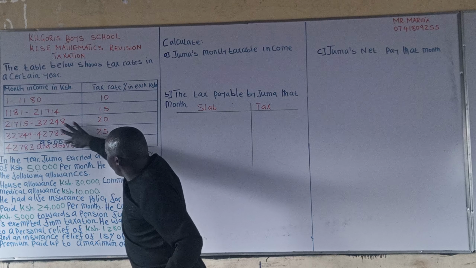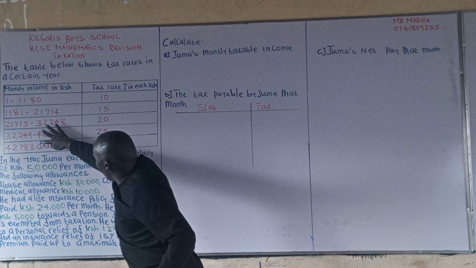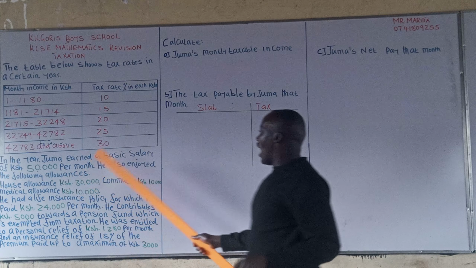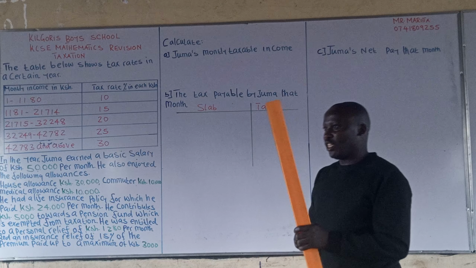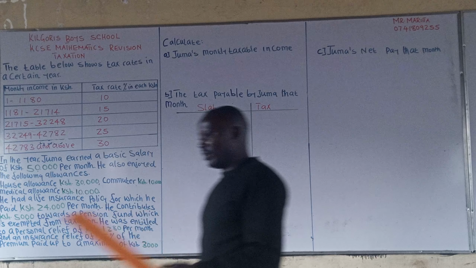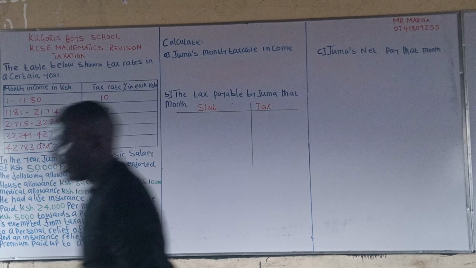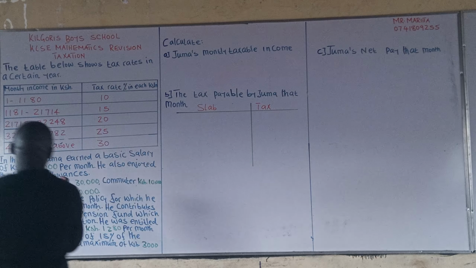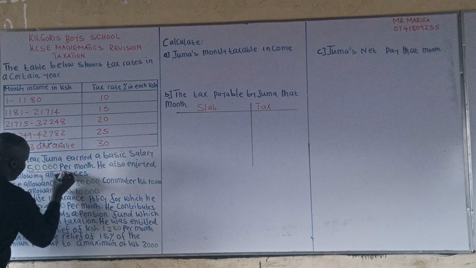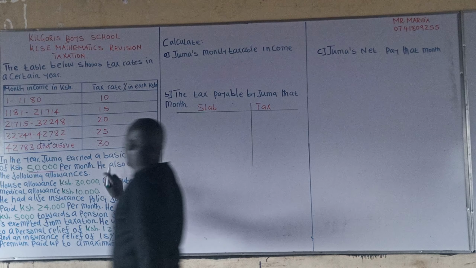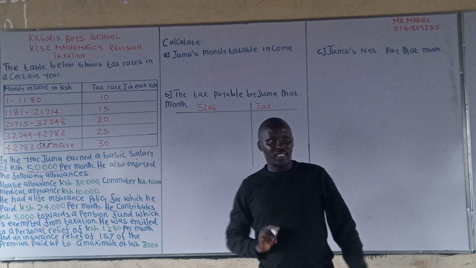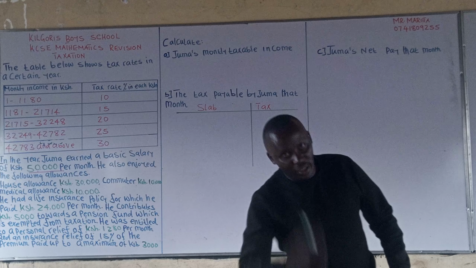So in that year, Juma earned a basic salary of Kenya shillings 50,000. So we have been given the basic salary here of Kenya shillings 50,000 per month, and apart from this basic salary, he also enjoyed the following allowances.